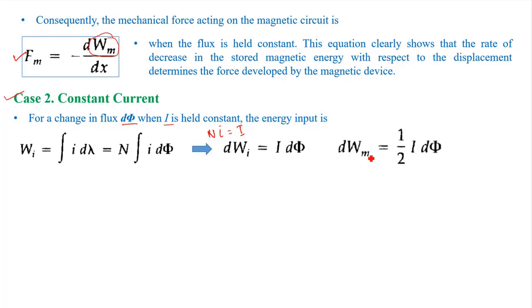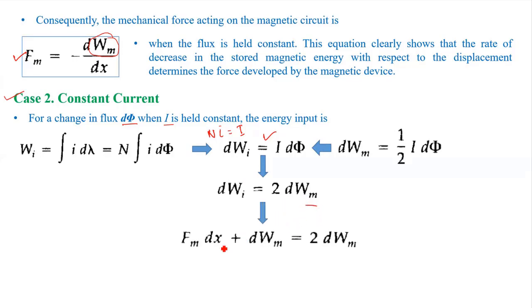We already know the stored energy in the magnetic field is equal to half of N I d phi, which is half of capital I d phi. Now substituting this and writing the equation in terms of dWm, I can write dWi is equal to twice dWm. Up to this it is fine.